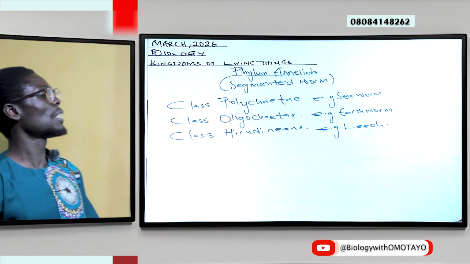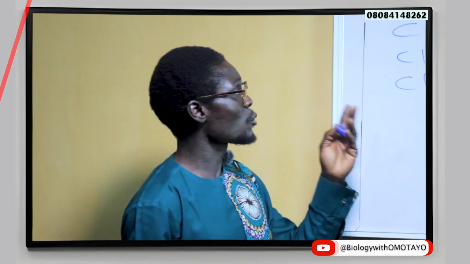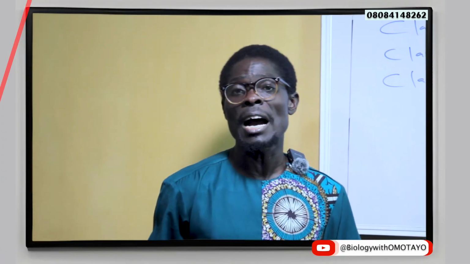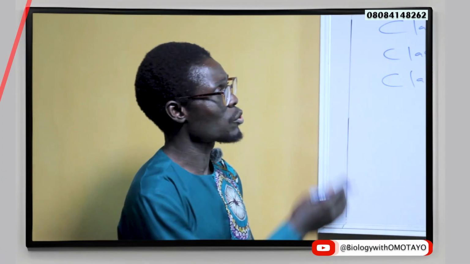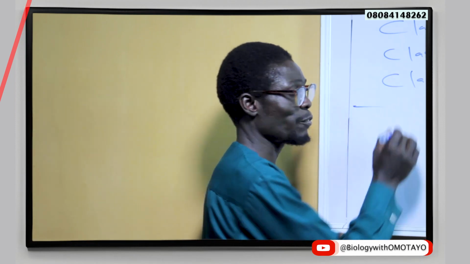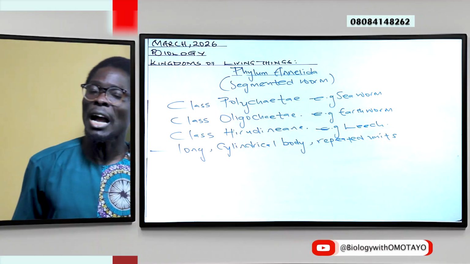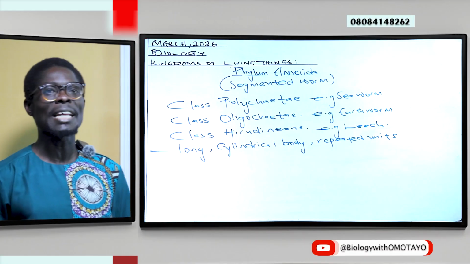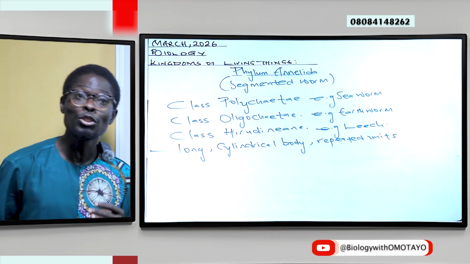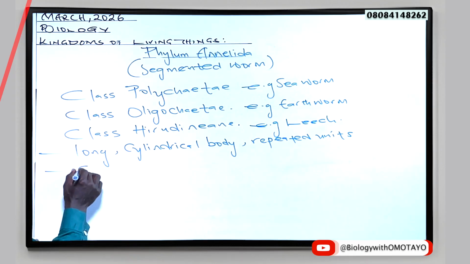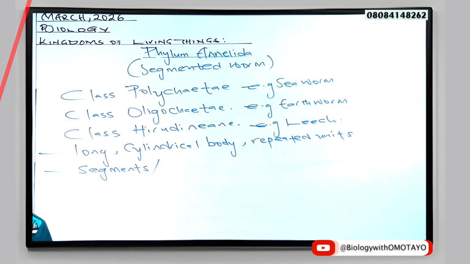Okay, now having taken note of the three classes associated with our phylum Annelida, we will look at other features associated with this phylum. They are long, cylindrical bodied worms having repeated units. Yes, these repeated units form what we call segments, sometimes called Metameric.